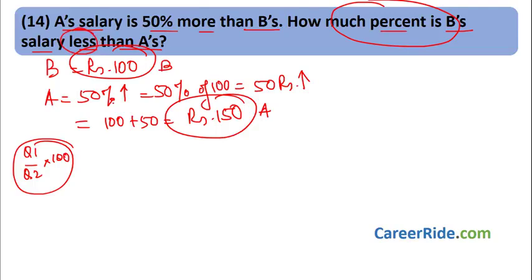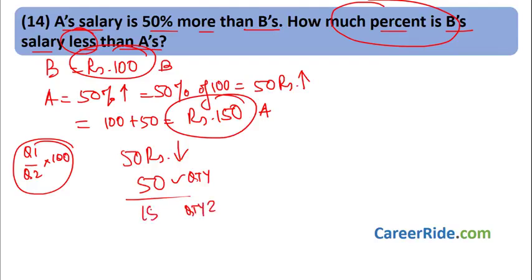Okay, now here we know A's salary is 150, B's is 100. That means B has 50 rupees less salary, right? So this change, 50 rupees less, we have to express it in percentage as compared to A's salary. So quantity 1 as compared to quantity 2. What is quantity 2?